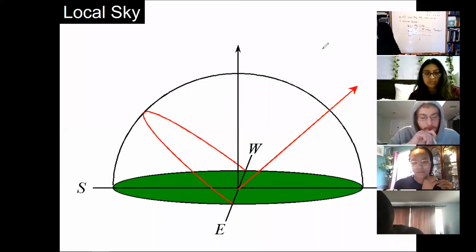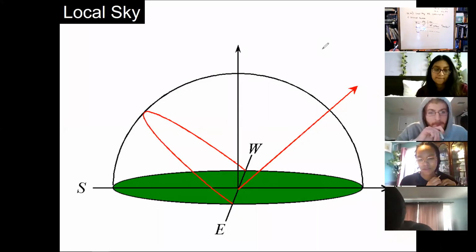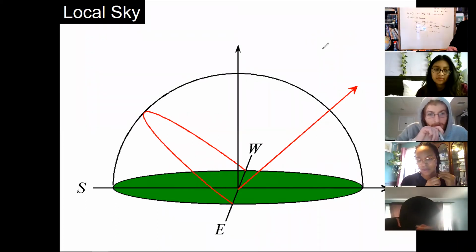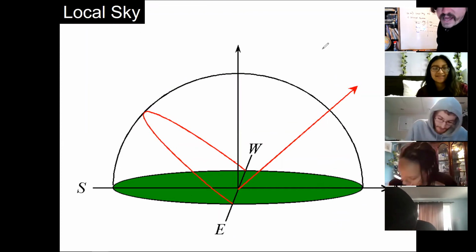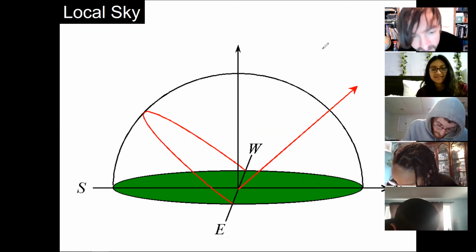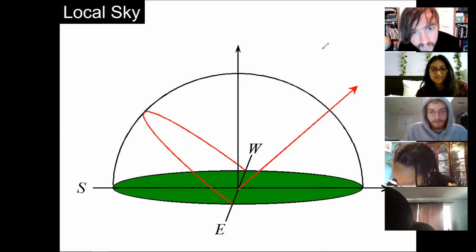Remember, azimuth is the same thing as direction. It's 180, right? Correct, Mariah. And 180 is the same as south. Let's just understand what Mariah did there.